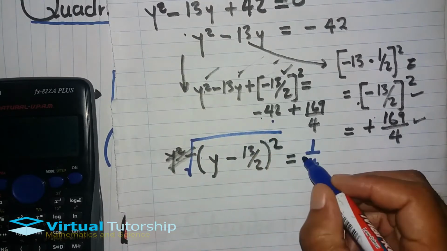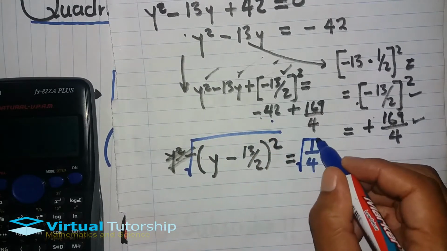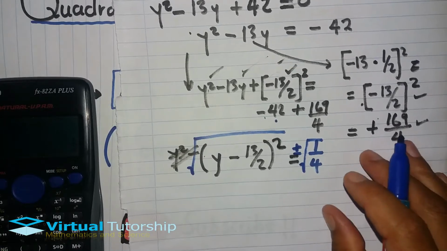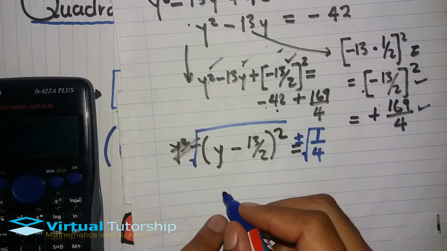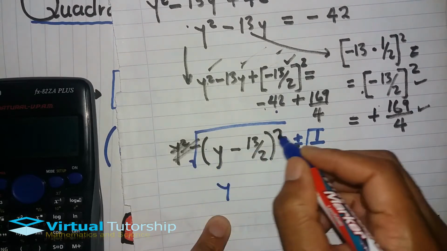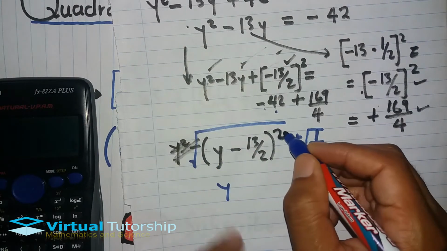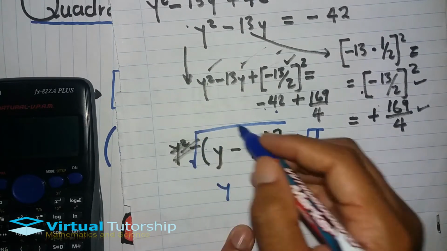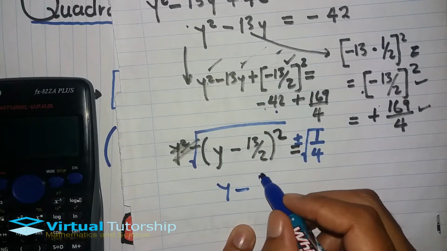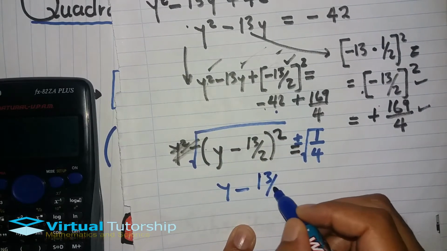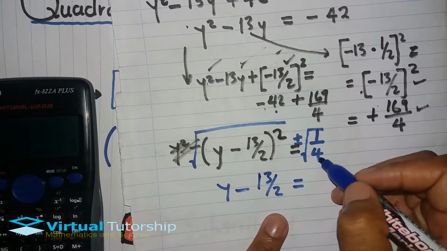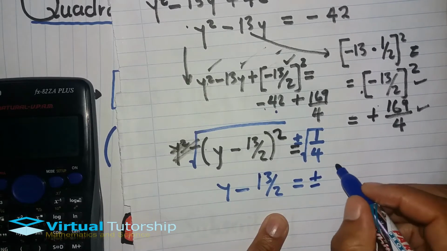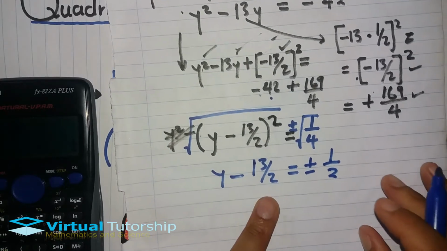I square root both sides. Here it will be plus or minus, because a square root gives you a negative and a positive answer. So the square cancels the square root, leaving y minus 13 over 2 equal to the square root of 1 over 4, which is plus or minus 1 over 2.